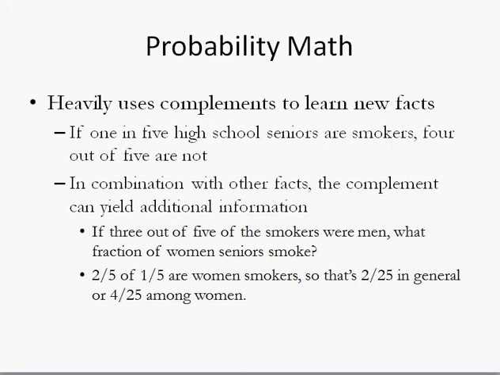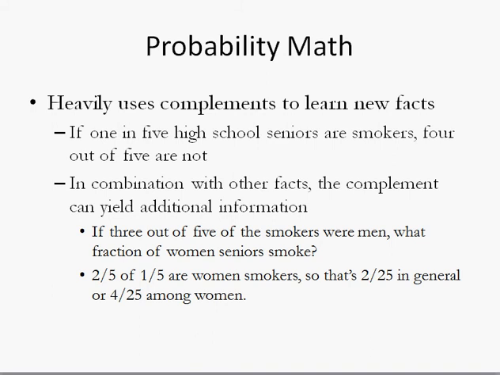For example, if we knew that 3 out of 5 smokers were men, we can ask what fraction of women seniors smoke in high school. Just as some imaginary data, say 1 out of 5 high school seniors are smokers.